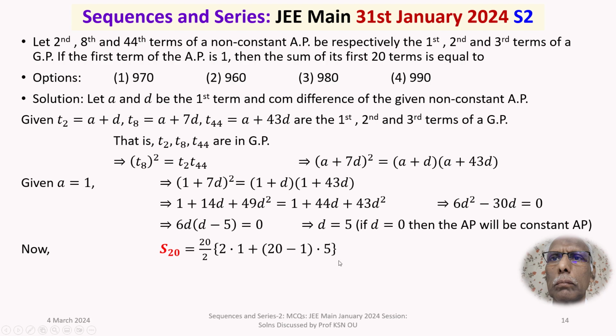Substituting, you get 20 by 2, that is 10, into (2 plus 19 fives, that is 95). 2 plus 95 is 97, multiplied by 10, this is 970. Therefore, S20 is 970. Our answer 970 appears against option 1. Therefore, the answer to this question is option 1.